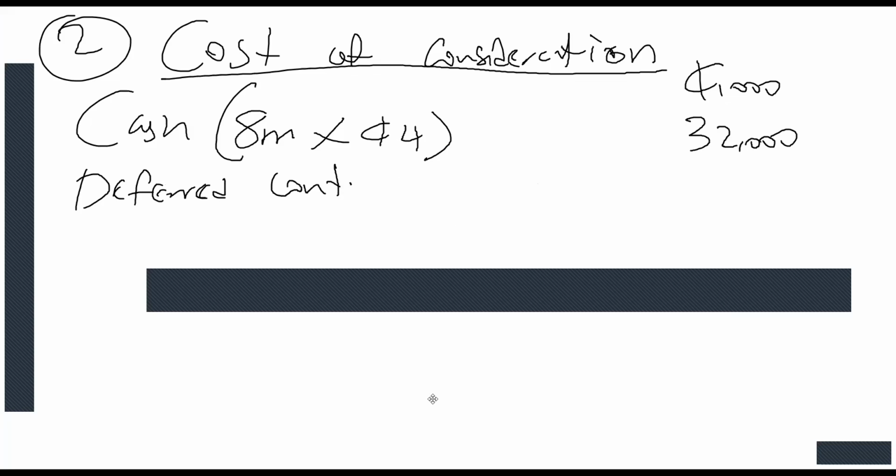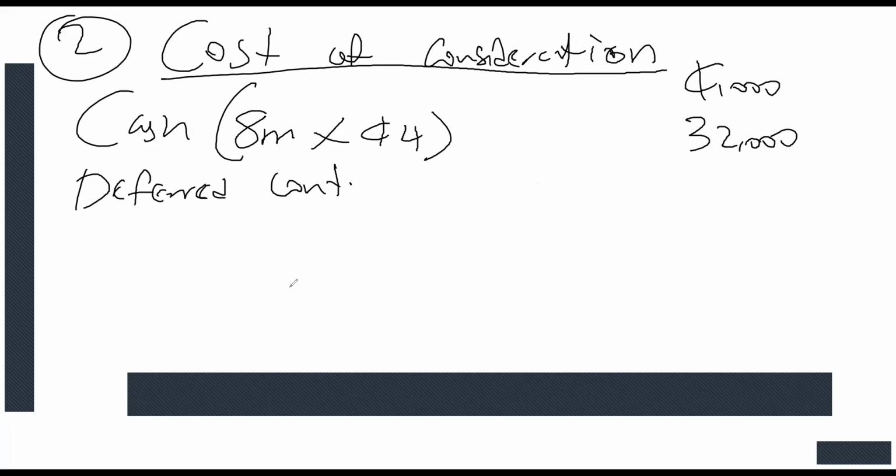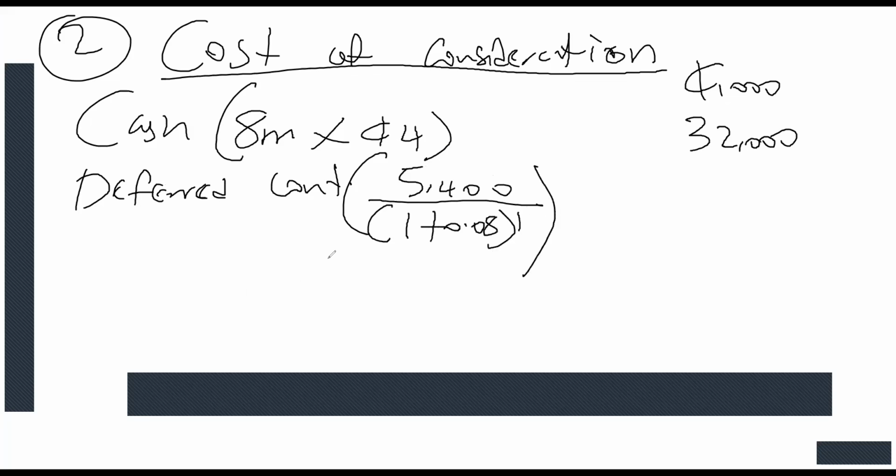I charge you to watch the video on deferred consideration and contingent consideration. What is the practical difference between them? Open your brackets. It will be 5,400 on top, all over 1 plus 0.08 to the power 1. What do you get?